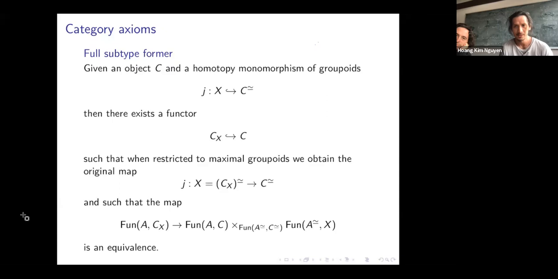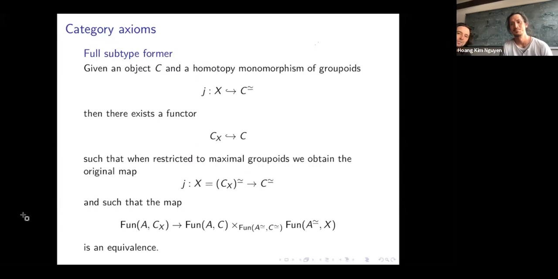You want to have kind of a bijection between the full subcategories of C and the full subgroupoids of the core of C, or something like that. Yes. And that's an axiom for being able to do that. Okay. Thank you.